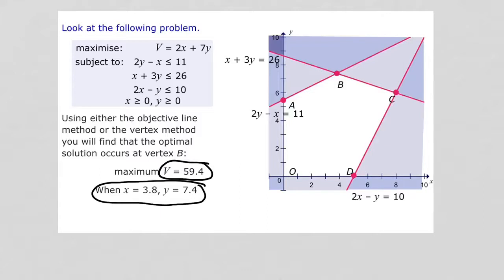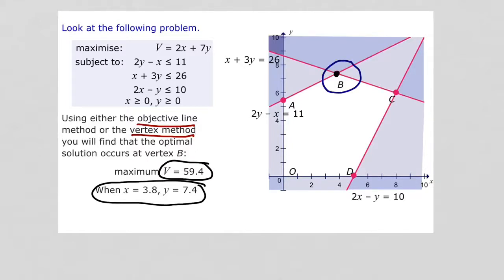Now that point there is clearly vertex B. Either using the objective line method or the vertex method, we've come up with vertex B is the solution. Now what we need to do is have a look at all of the integer solutions just around that point there.